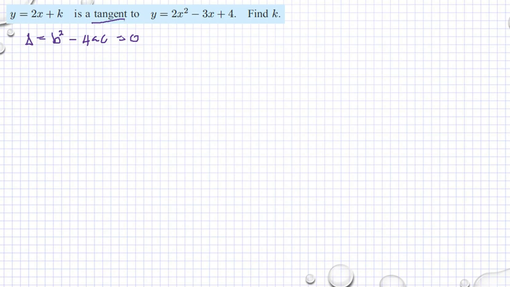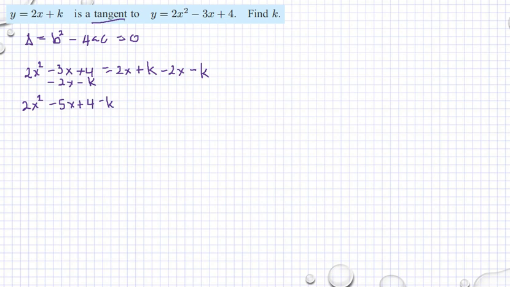So if we have 2x squared minus 3x plus 4 is equal to 2x plus k, if we subtract both sides of the equation by 2x and by k, then we have 2x squared minus 5x plus 4 minus k is equal to 0.